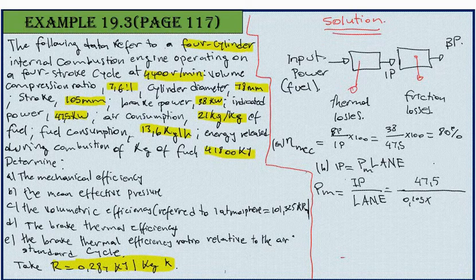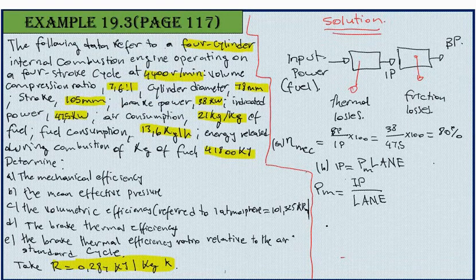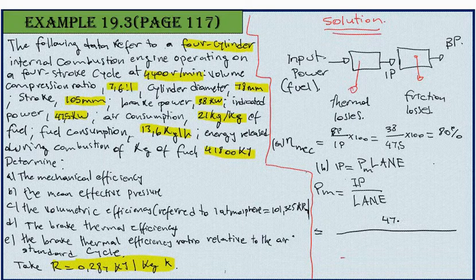In order to save more space, I can just use the second line. So that is given by the indicated power, which is 47.5. We have L, which is 0.105, multiplied by the area.